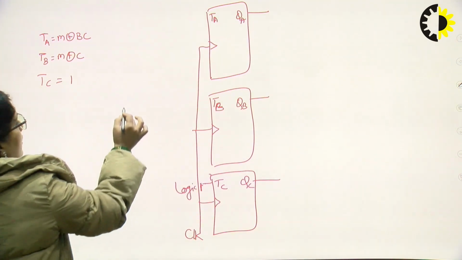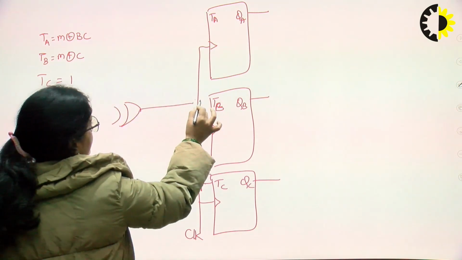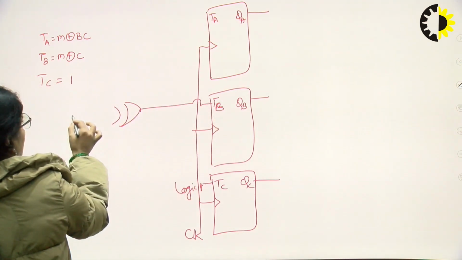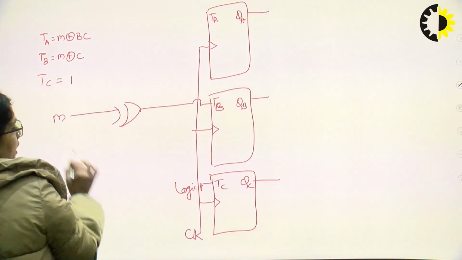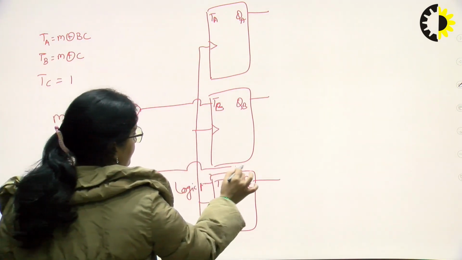For TB we need an XOR gate. Here we are having M as one value and C as another value.